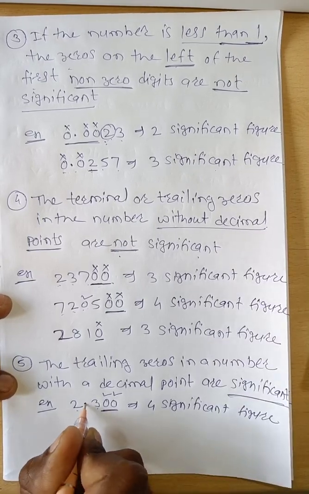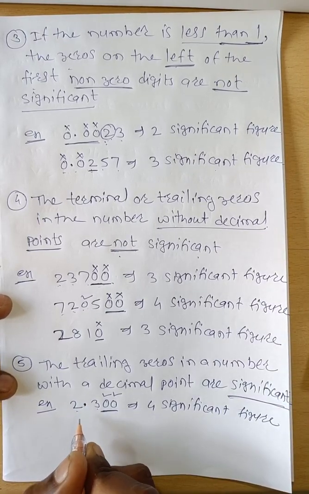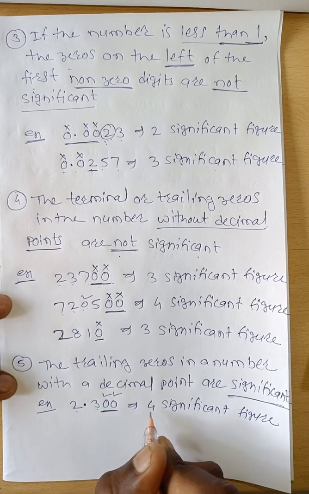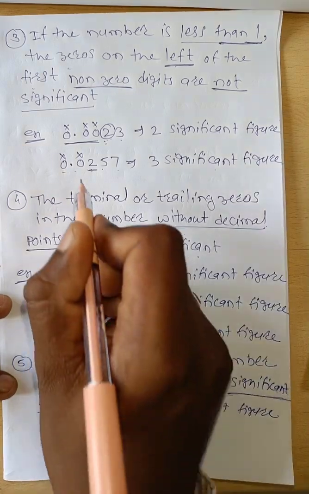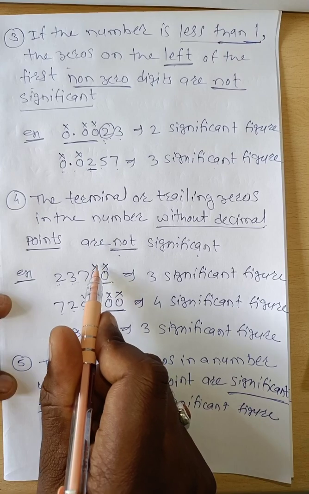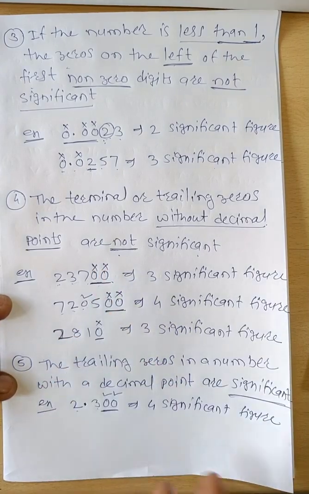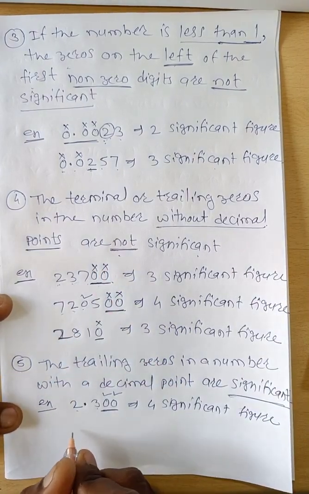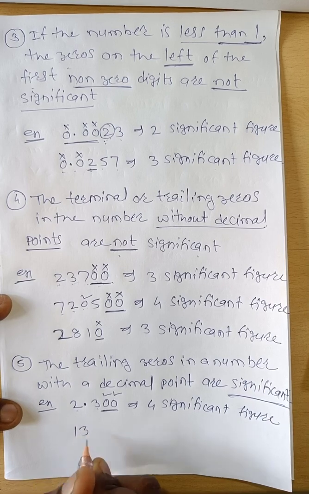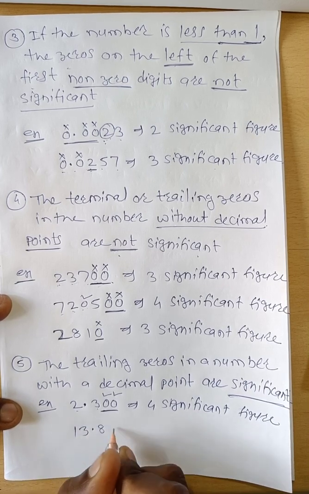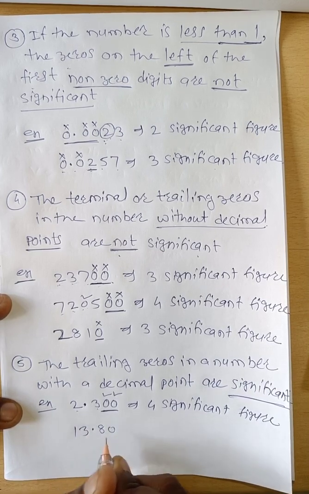Means if the decimal point is present in a number, then trailing zeros are significant. If the decimal point is not present, then trailing zeros are not significant. Now see one more example, that is 13.80.